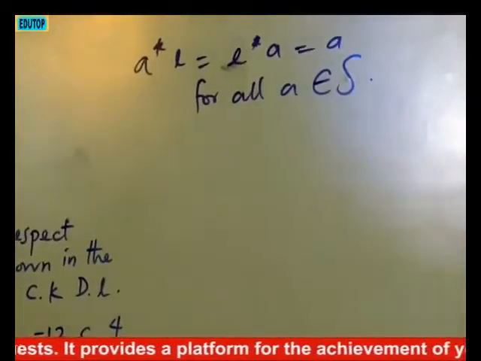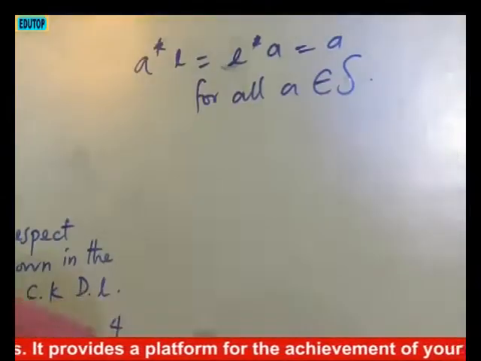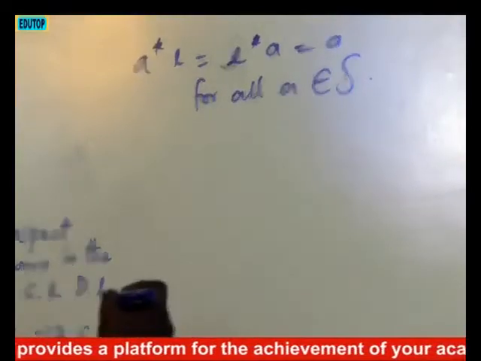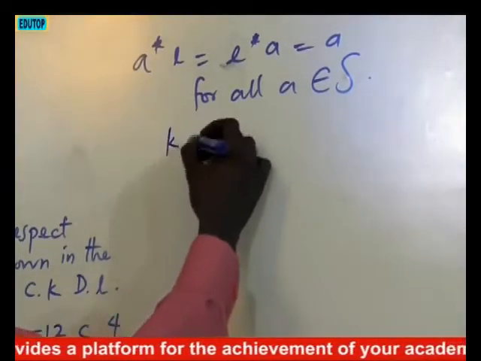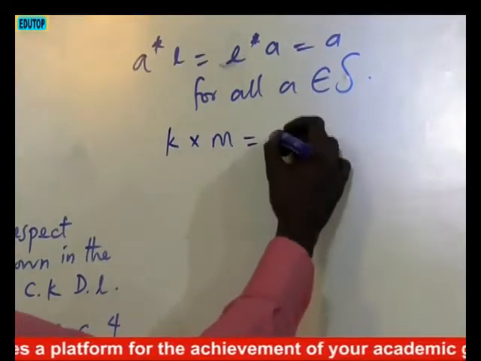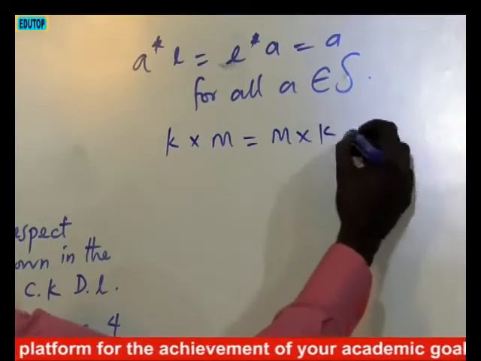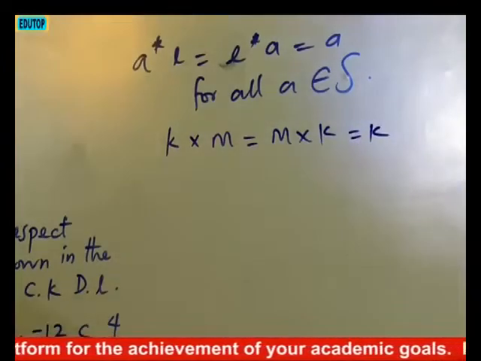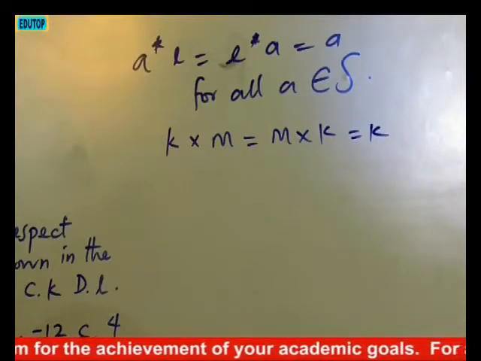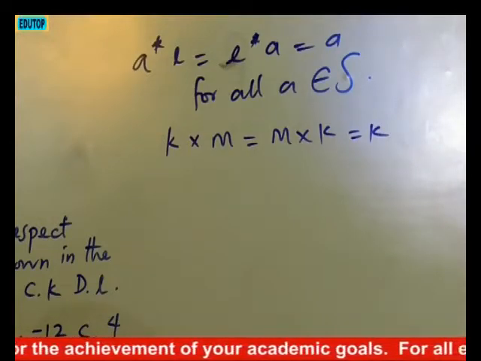So in that situation, what we are trying to say is that if you look at the table closely, k times m is the same thing as m times k, which gives k. K times m, k. M times k, k.